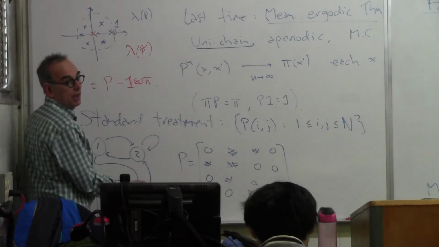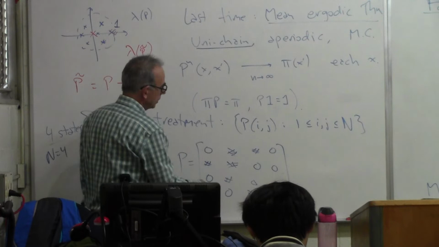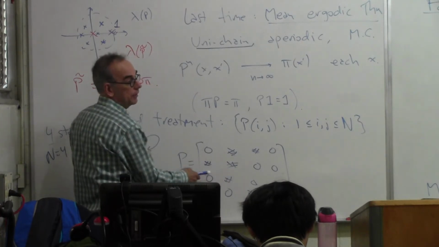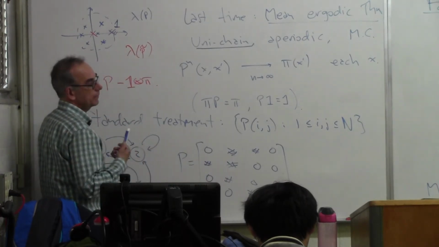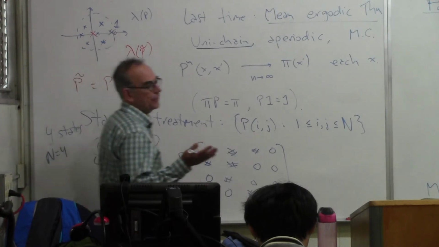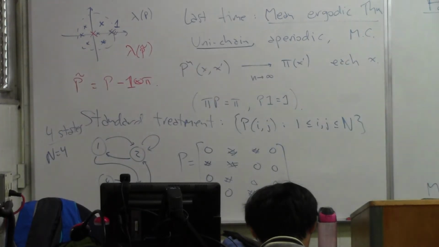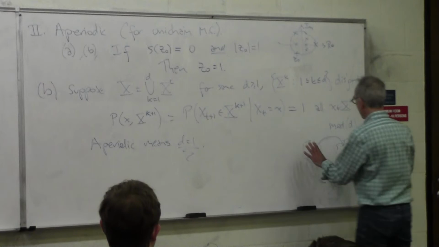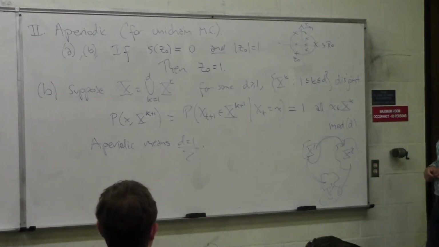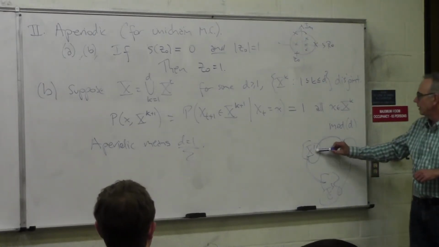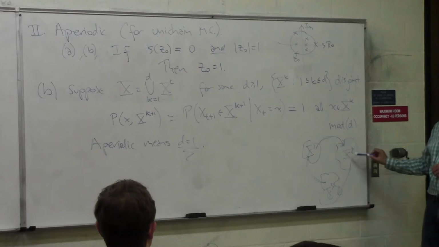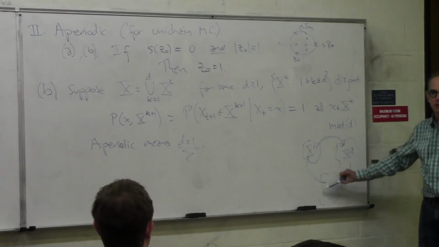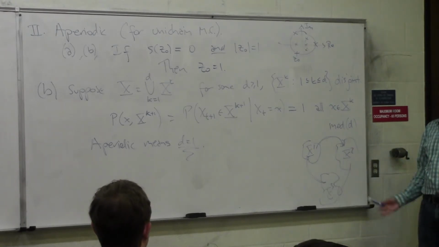Look how sparse this graph is. But this is a unit chain because I can't decompose. You want me to compactify it, but this is as crisp a statement as I can say. If I take a point here, with probability 1, I end up in one of these sets after one time step. I can't make it any more compact.